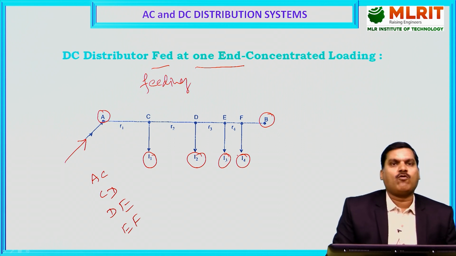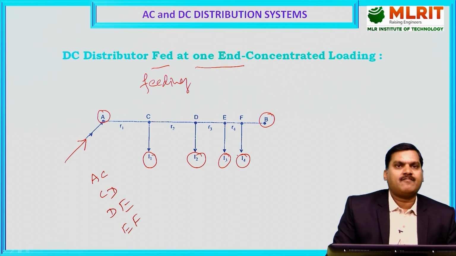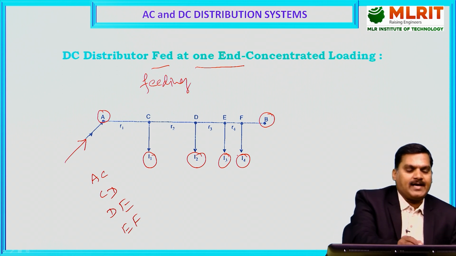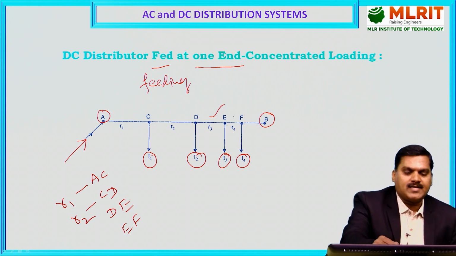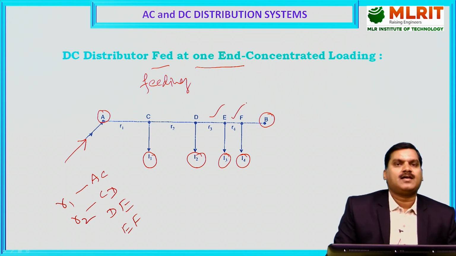So these are the four loads connected at different points of a distributor. The AC resistance is given by R1, and the CD resistance is given by R2. Like that, the DE section and EF section are given with different resistance values.